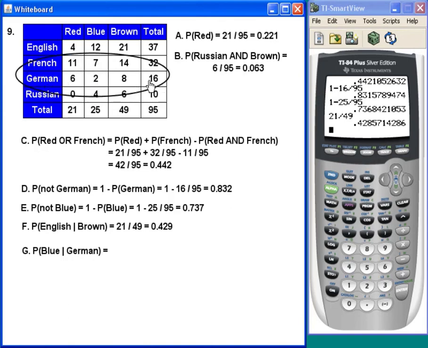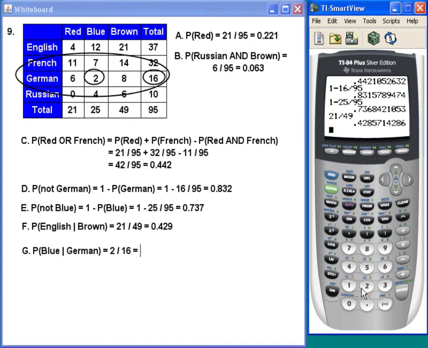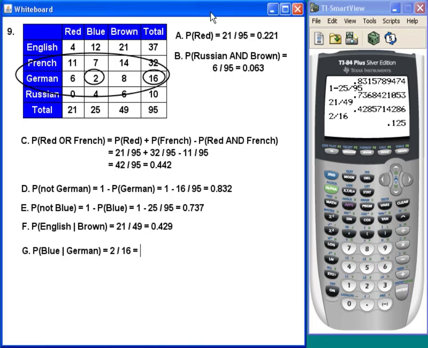So this set right here. And the probability that the binding is blue. There's 2 blue binding books here by German authors out of 16 total books. So 2 out of 16. And we can approximate that with 0.125.